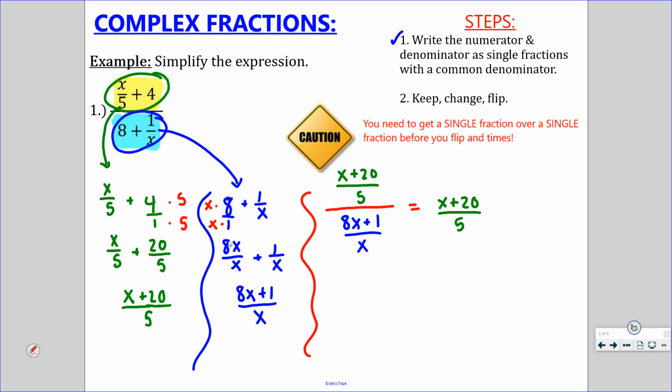Change the division problem to multiplication by timesing by the reciprocal. Keep, change, flip. All right, now this is a nice, easy problem to start off with because looking at all my numerators and denominators, there's no factoring I can do, and that's what we usually do, is we factor first. There's no factoring I can do, so I just get to multiply these together. So you can, again, leave it like this. You don't have to distribute it through. You can just write your final answer just like that.